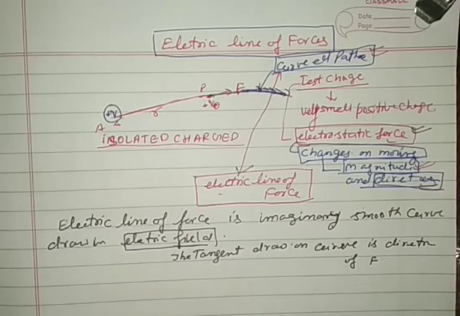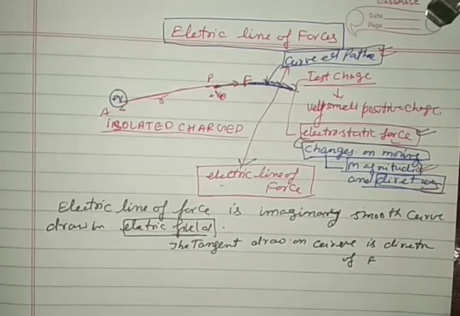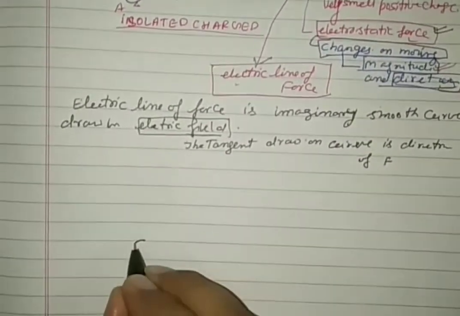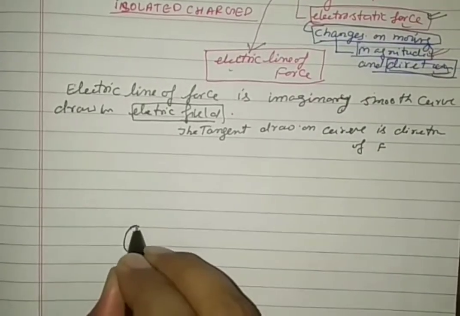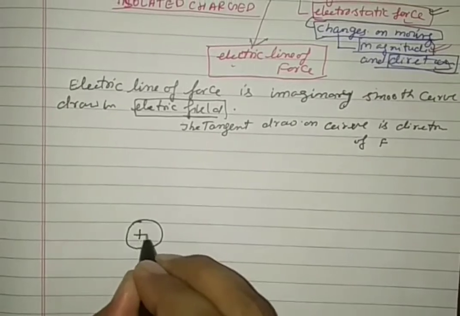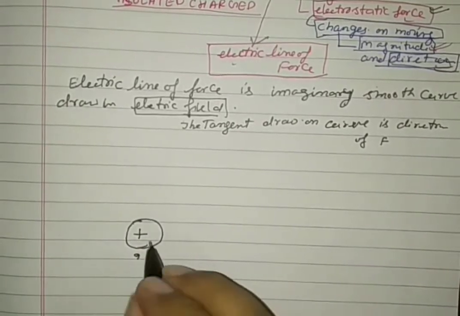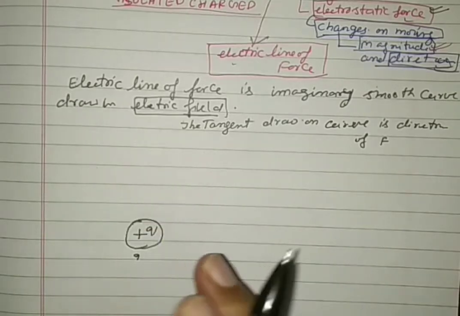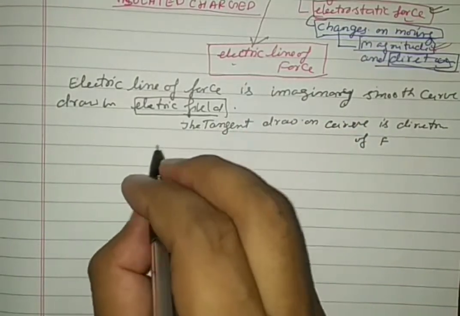Now see some of the important cases of how these electric line of forces are formed. This is the observation: let there be an isolated charged body Q, and this electric field is tested by a test body.